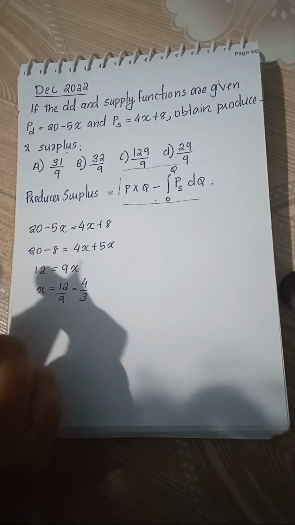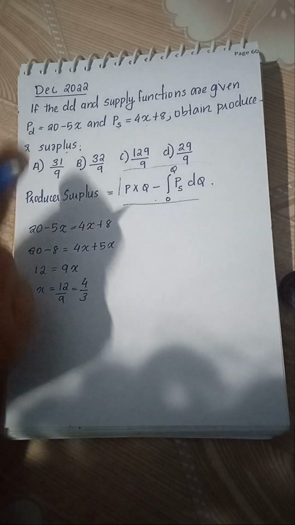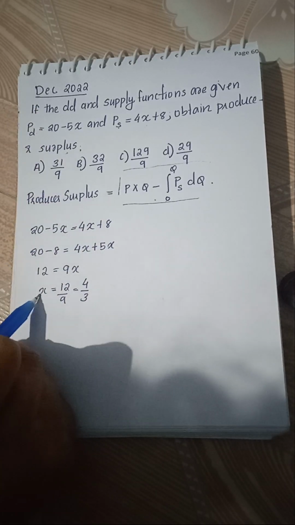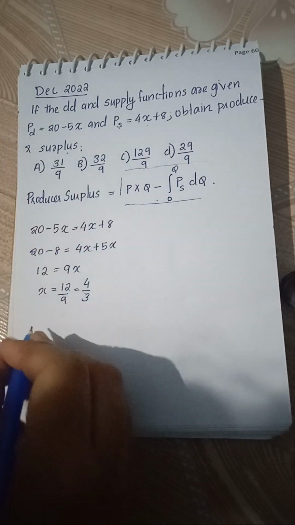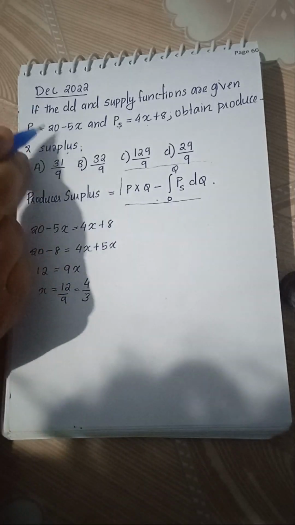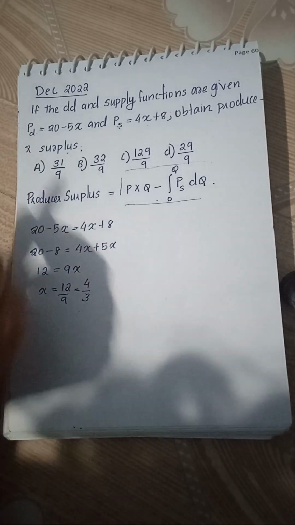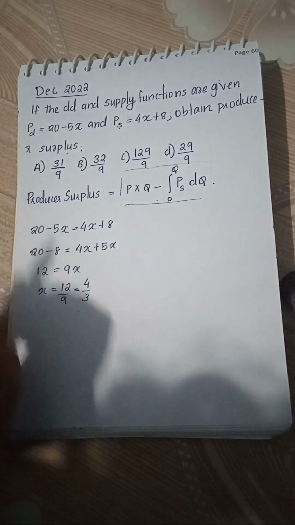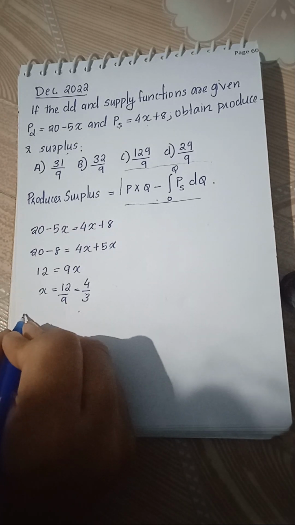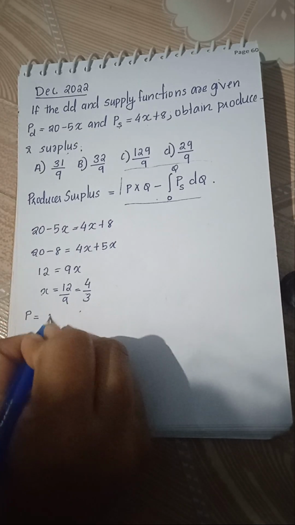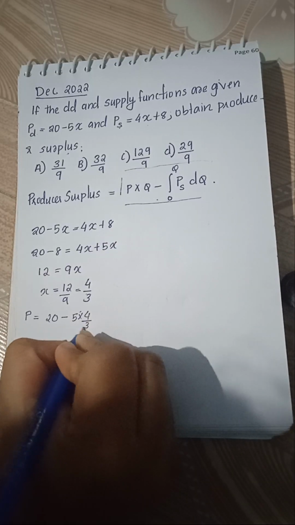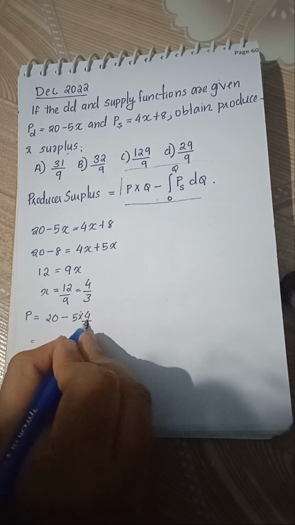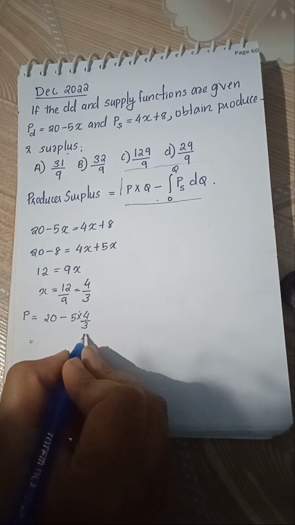To find the value of p, we just need to put the value of x in one of those equations. I am going to put the value of x in the demand function so that I can find the p value at equilibrium. So the p value is 20 minus 5 into 4 by 3, which is 20 divided by 3.